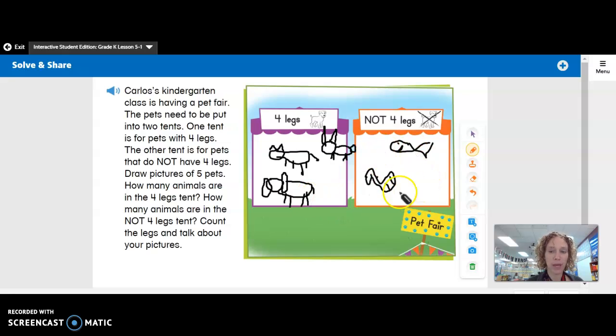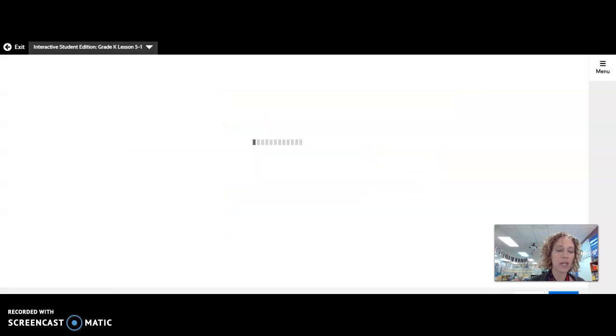And then my other pets that do not have 4 legs is this fish and a snake. They don't have any legs at all. So that's how I sorted today. These pets have 4 legs. These pets do not. All right, let's take a look at our video.